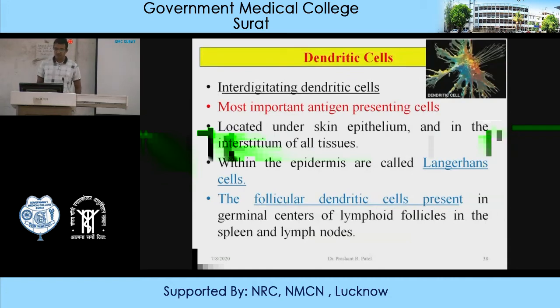So it has two types, interdigitating and interfollicular. Interdigitating dendritic cell is the most important antigen presenting cell. It is located under skin epithelium and in the interstitium of the wall tissue. Within the epidermis, these are known as Langerhans cells. The follicular dendritic cells are present in germinal center of lymphoid follicle in spleen and lymph node.